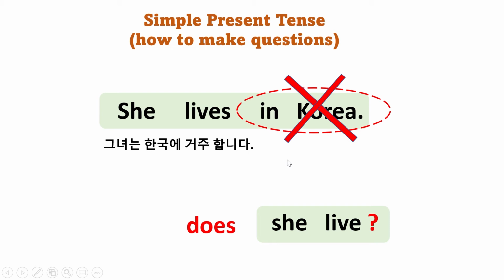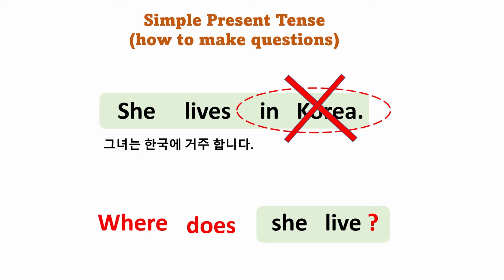Now, we need to add does at the beginning of the question to omit the S from the verb. Does she live? If you remember, this part was the same as making a yes-no question. So, does she live? Be careful. We say live, not lives.